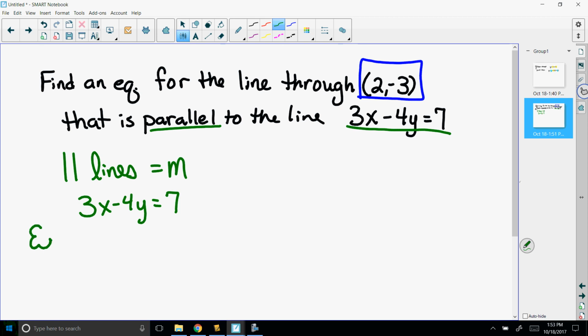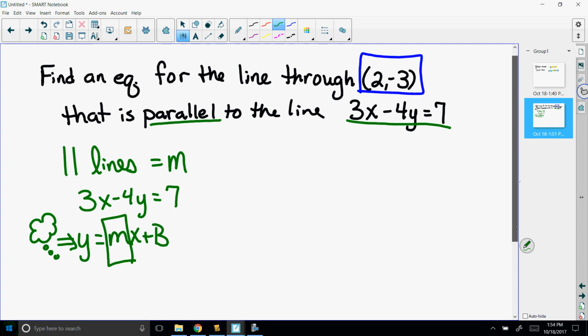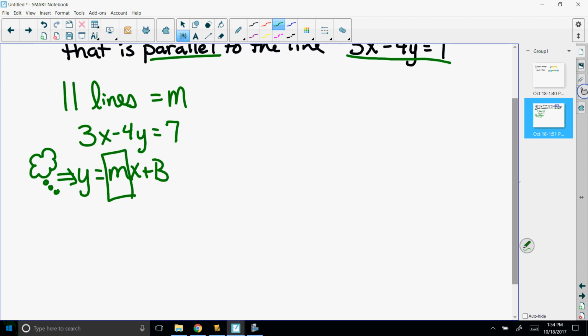Just refreshing your memory because you've done this before, if it's in the format y equals mx plus b, where is that slope at? M. So if I can get it into this format, the coefficient of x is going to be your slope. How can I take that equation of that line and get it into that format? You solve for y, so I'm going to subtract 3x, move the 3x over.